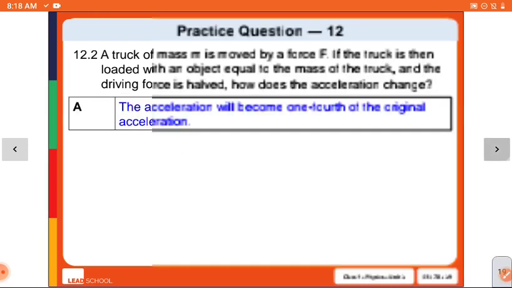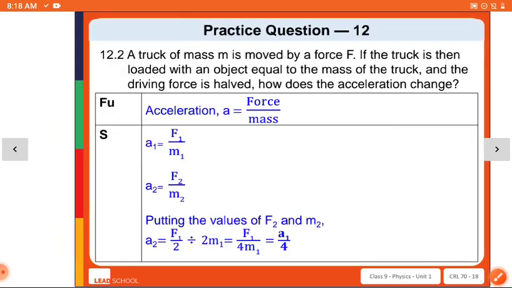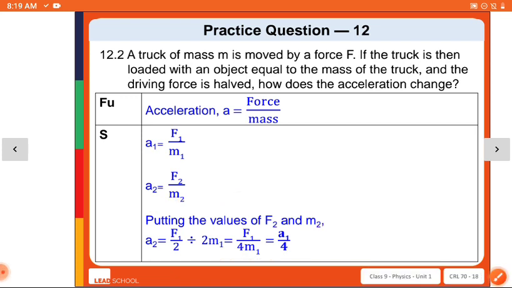So the acceleration becomes 1/4 of the original acceleration.